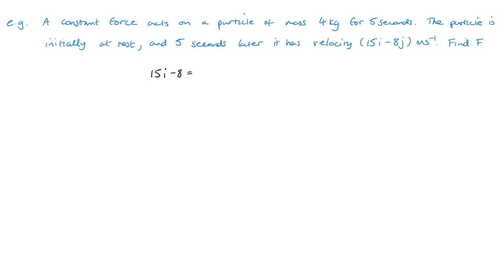was for 5 seconds times an acceleration a. Okay, because when you start off with the initial speed plus 5 times the acceleration, you would get this end speed. So this is what we've got. So therefore a is dividing this by 5, 3i, and then 8 over 5 is 1.6j.